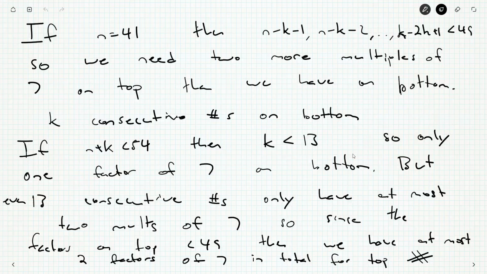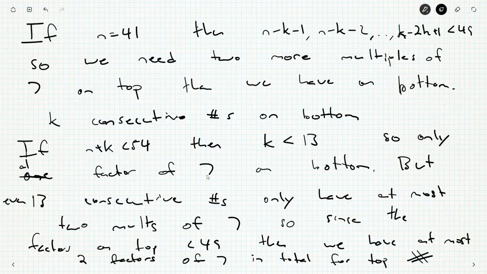But we have less than 13. You would probably want to mention that 15 is the least you need. So they're all just multiples of 7. They only bring one factor of 7. So there's at most 2 factors of 7 on top, because we can't get to that precious 49 that has double factors of 7. I said so only one factor.